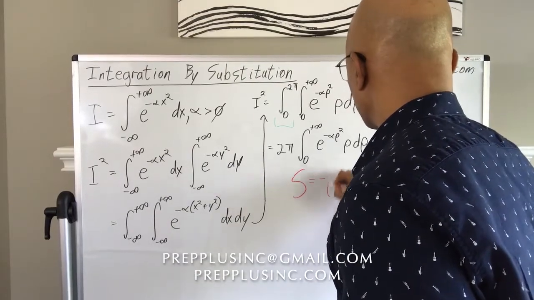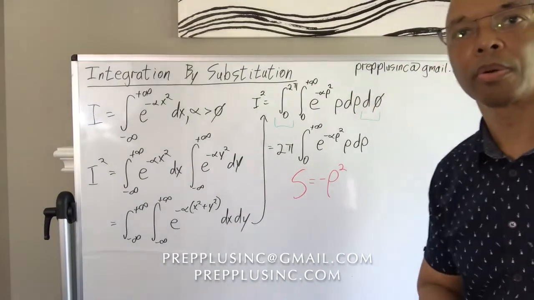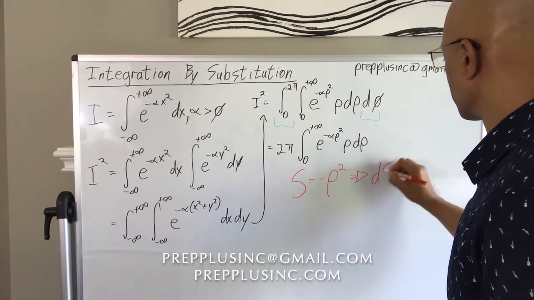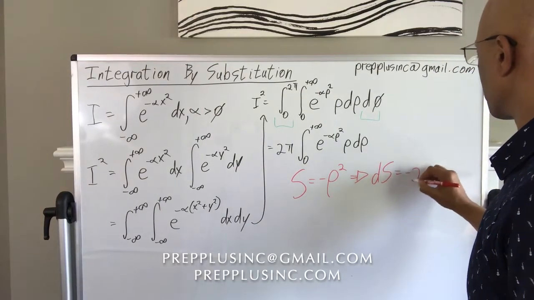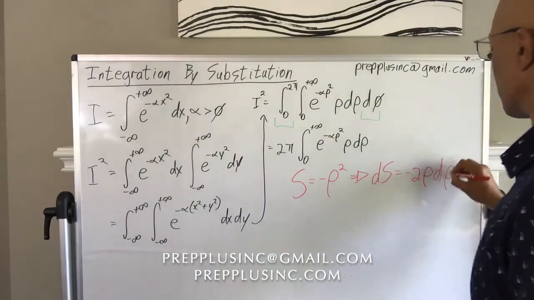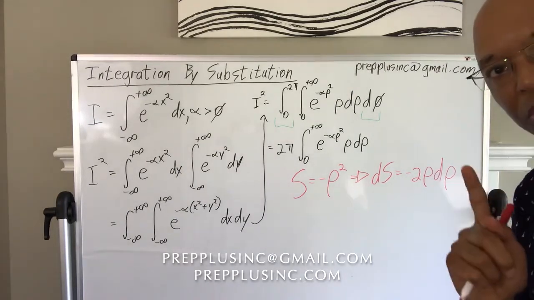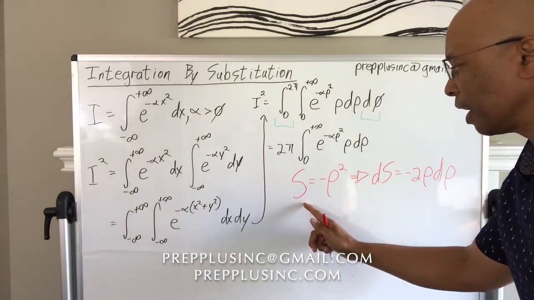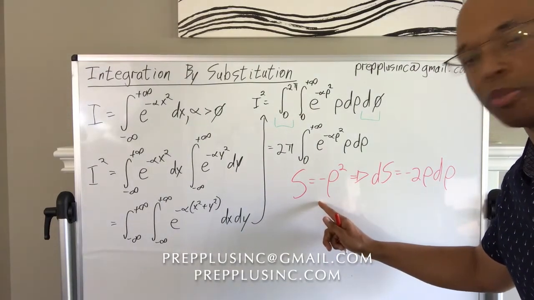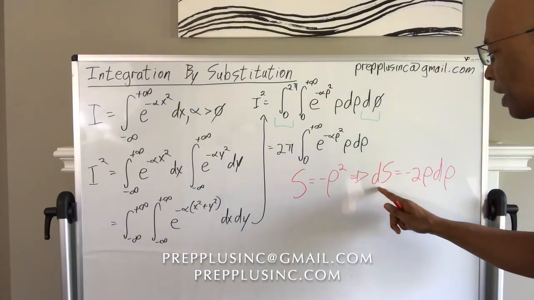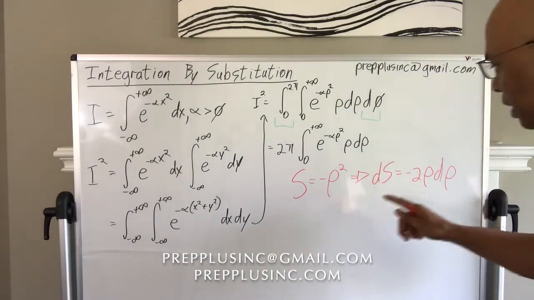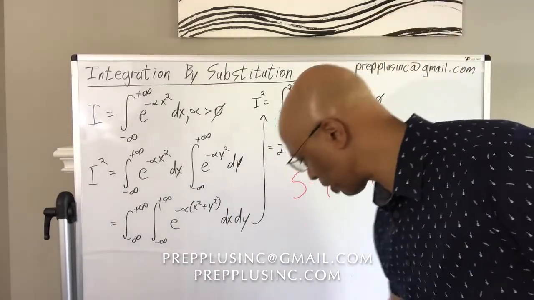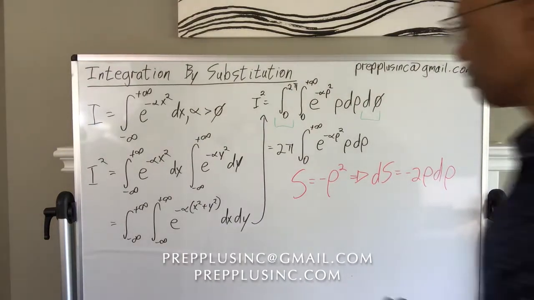Okay, so that means ds is minus 2 rho d rho. So this is our calculus substitution trick. Substitute s equals minus rho squared. That means the differential of s, ds, is minus 2 rho d rho. Okay, so let's just drop this in and see what we get.